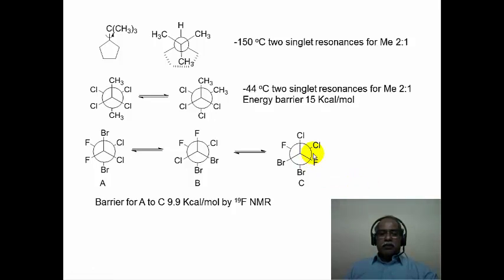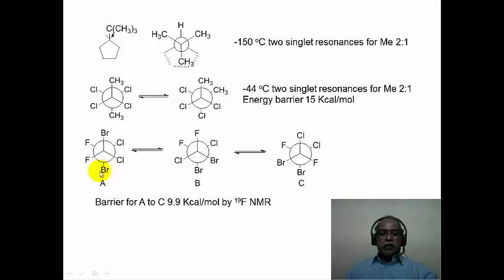We have already seen one example of the carbon nuclei being used in the variable temperature NMR spectrum of cis-1,2-dimethylcyclohexane. Here, the fluorine nucleus is used for the conformational study of this difluoro-dibromo-dichloroethane derivative. Now, if you look at these various conformations, the one where the two bromines, which are the bulky groups in this particular system, are the farthest away from each other.